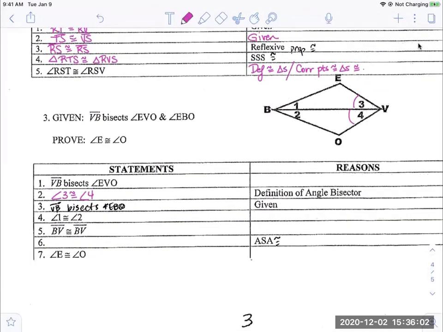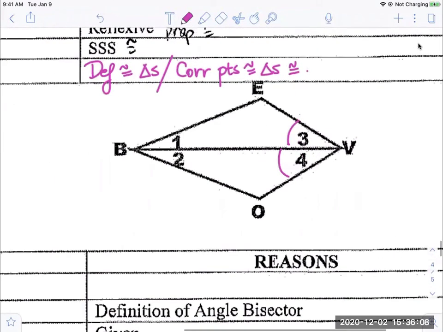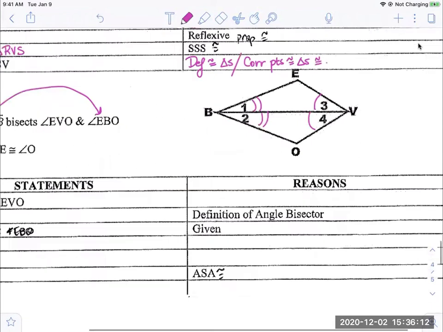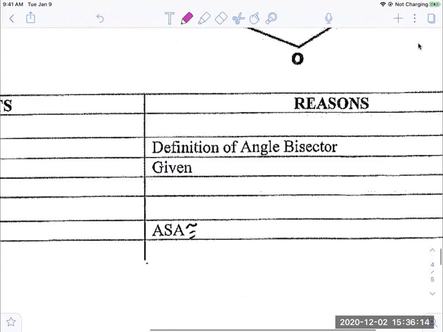Okay. The other given is that VB also bisects angle EBO. So angle EBO is over here. If it bisects that angle, that means that angle 1 and angle 2 are congruent by the same reason here, definition of angle bisector. I forgot to write given up here for step number 1.